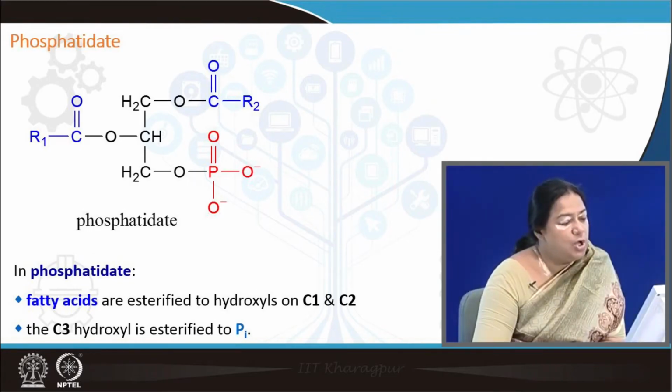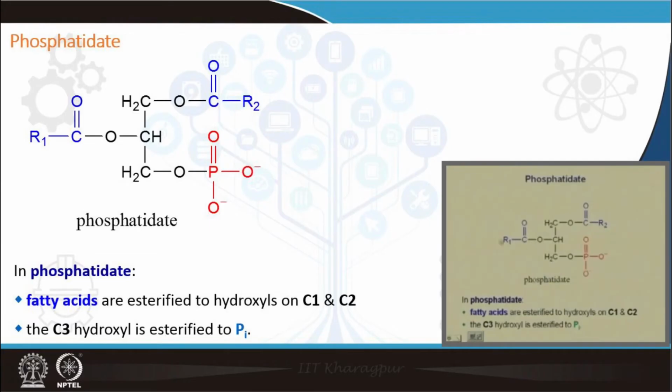So, we have long chain fatty acids in both cases. The third carbon has been esterified with a phosphate. Remember, that is also an acid. So, we have 2 of the carbons esterified with fatty acid chains and 1 with a phosphate. This is called a phosphatidate.